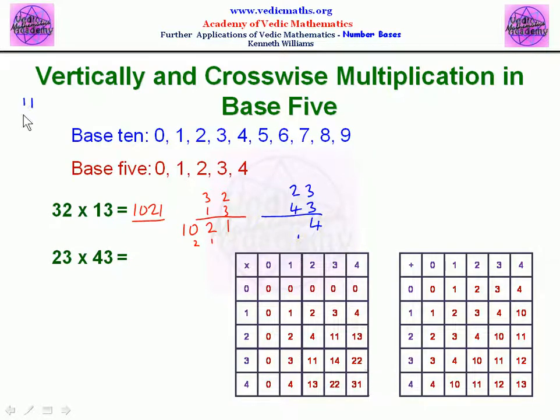So I've got to add those up, which is obviously 33, and I've got 1 to add on, the carry, which is 34. Put down 4, carry 3. Now vertically on the left, I have 2 times 4, which is 13, and I've got to add 3 onto that, so I get 21. So 2144.